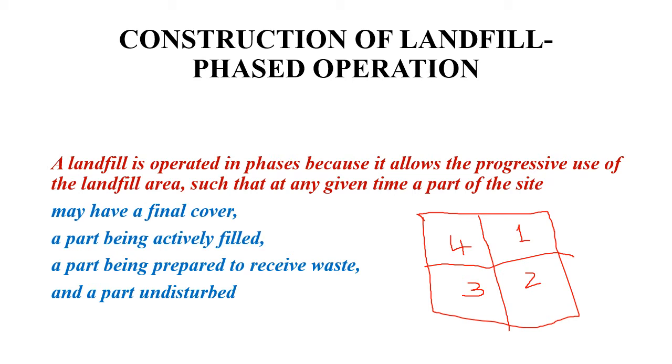Then you will have your daily volume of waste material dumped over it, and then you will provide your intermediate cover to seal off your waste material. Then again you will have your waste material, and then your intermediate cover. So these are alternate layers of waste and cover systems taken up to the full capacity of the landfill, and finally you will have your final cover system to seal off the landfill construction completely.